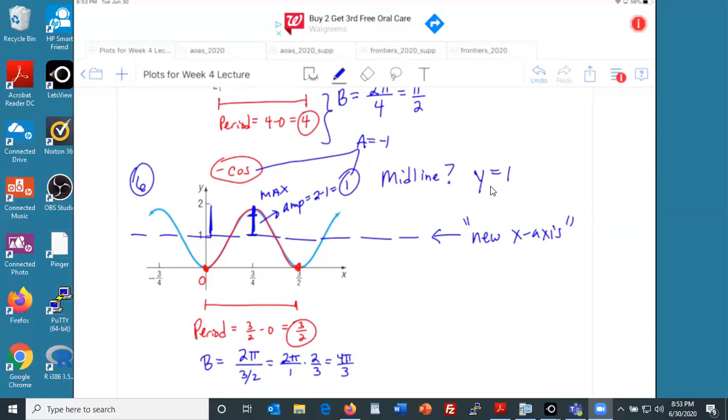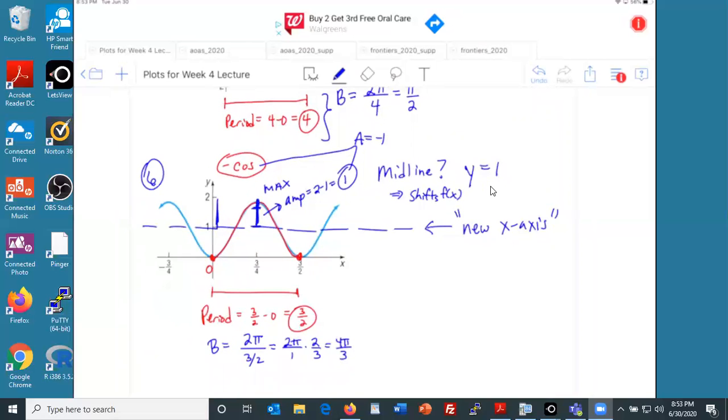And then the midline, the one thing we want to keep in mind there is what the midline does: it shifts the function, let's just call it f of x, up 1 from the x-axis. So we also have to make sure we include that in our equation. So the midline, remember this problem here, it wasn't the x-axis in this problem. It goes through 1, which means the entire graph is shifted up 1.